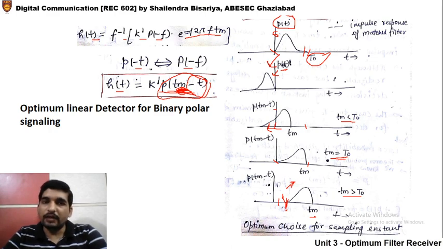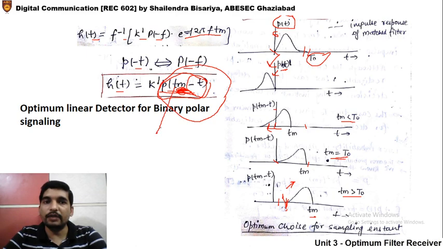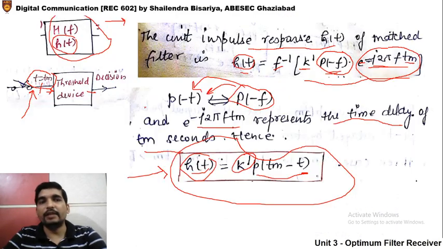So what can we conclude from this analysis? I am first repeating what we have done. We are drawing this P(Tm minus t), and from this drawing we want to understand what should be the value of this Tm. What is the best sampling instant?